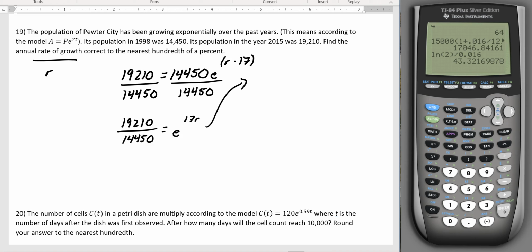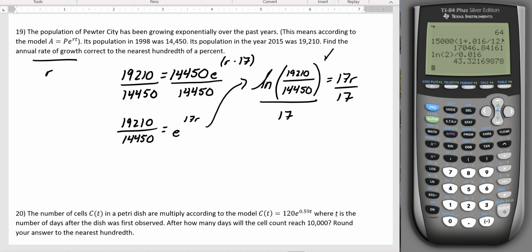Convert this to a logarithm, so the natural log of 19,210 divided by 14,450 equals 17r. To get my answer, I need to divide by 17, and this right here is what we can put into our calculator. Notice we haven't rounded anything yet, and that's the goal.